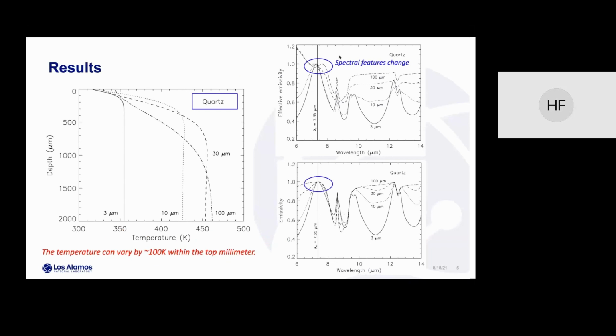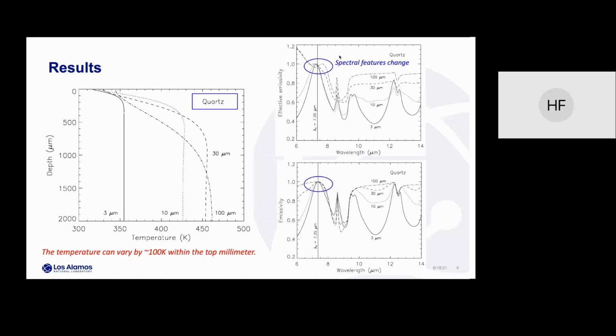These are some results for the mineral quartz. On the left are computed thermal gradients for quartz as a function of particle size. Note that the vertical axis is 0 to 2,000 micrometers, so we're talking 2 millimeters here. The thing to notice is that the thermal gradients can be as large as 100 degrees over a millimeter.